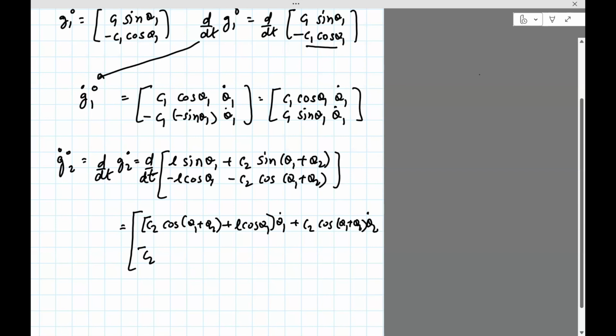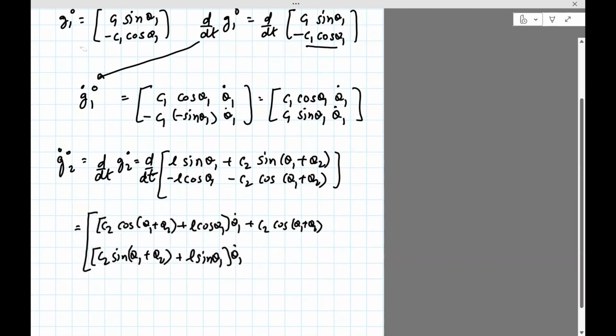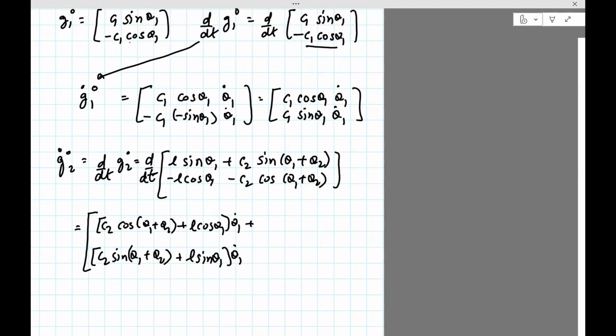And similarly, the second term C2 sine theta 1 plus theta 2, theta 2 dot, and then C2.